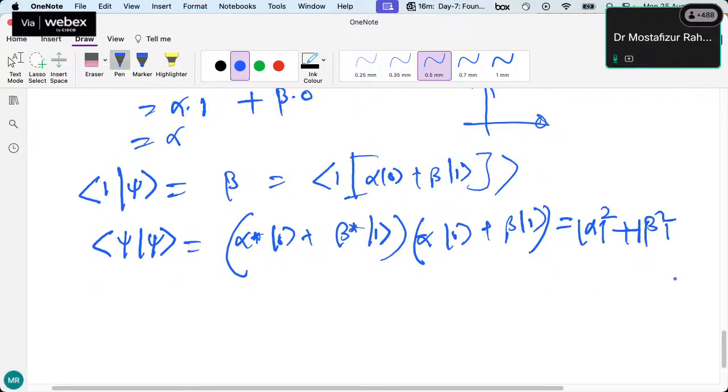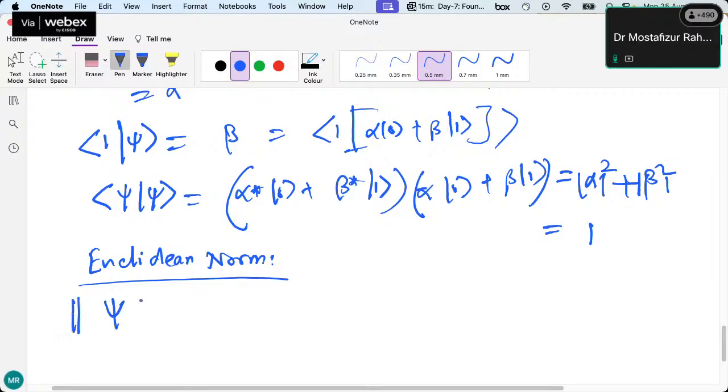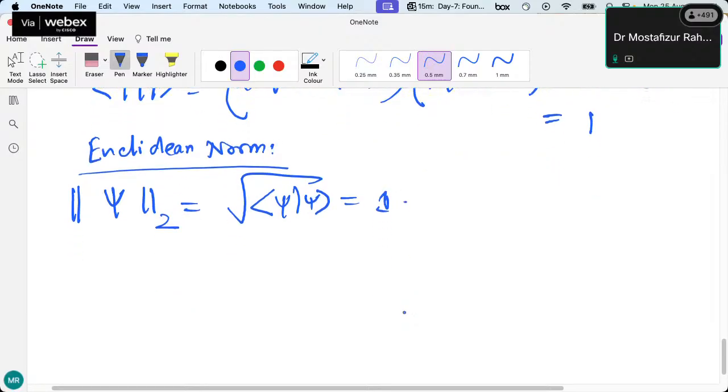And this is obviously 1, because if 0 and 1 are the only possible states for the state psi, then the sum of the squares will be equal to 1. This is also related to the Euclidean norm. The Euclidean norm is given by the 2-norm of psi, which equals the square root of the inner product of psi with psi, that is the square root of 1, which equals 1.